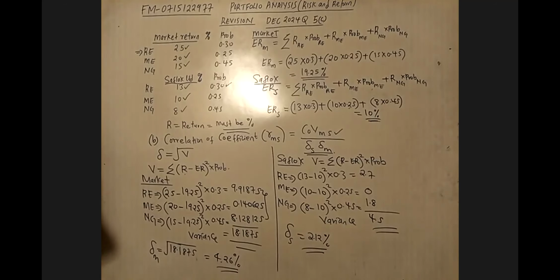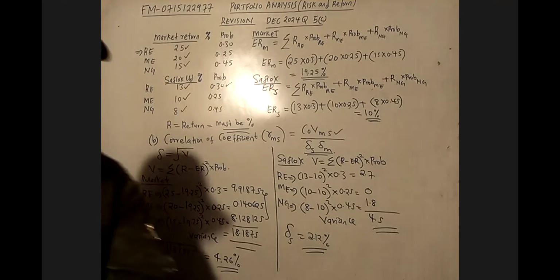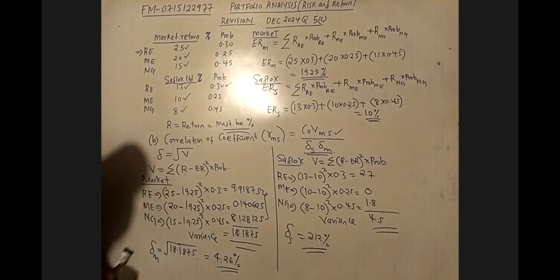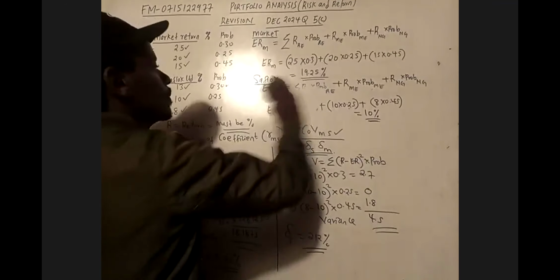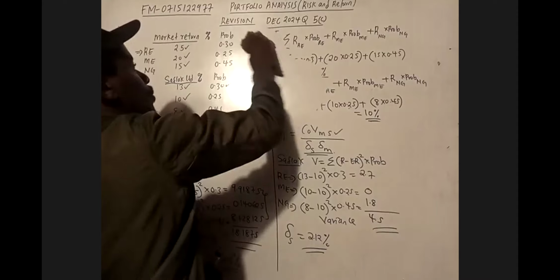So how do you get the covariance of those two items? Allow me to rub the upper part and rub this part so that we can get the covariance.